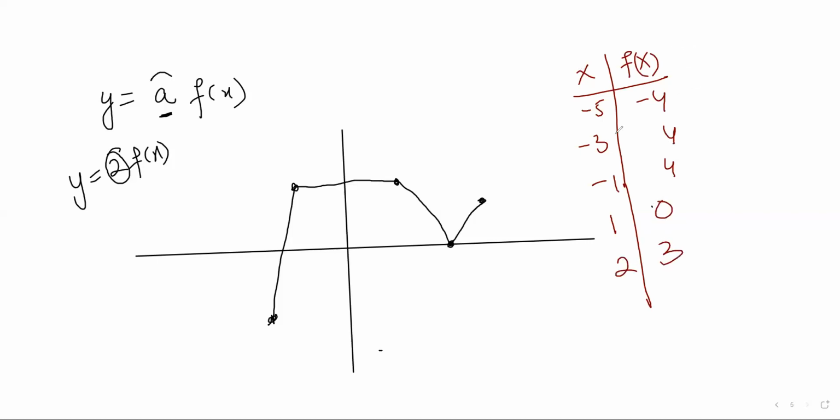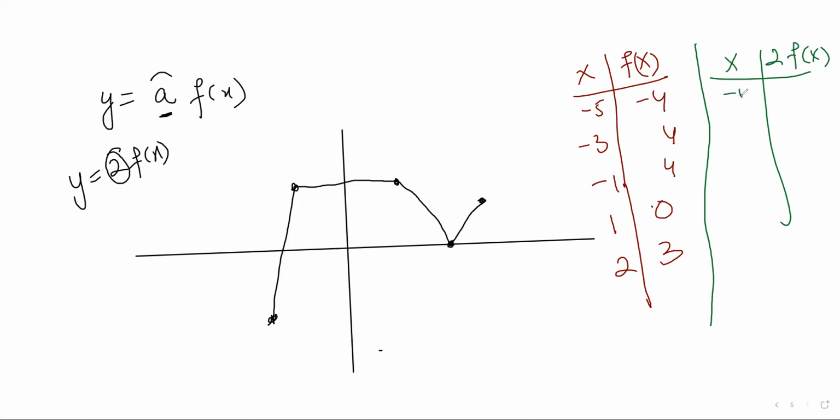These are the coordinates for the original graph. Now we need to find the coordinates for the new graph, that is x and 2f of x. x will remain the same: -5, -3, -1, 1, 2. But f of x is going to multiply with 2, that is -8, 8, 8, 0, 6.